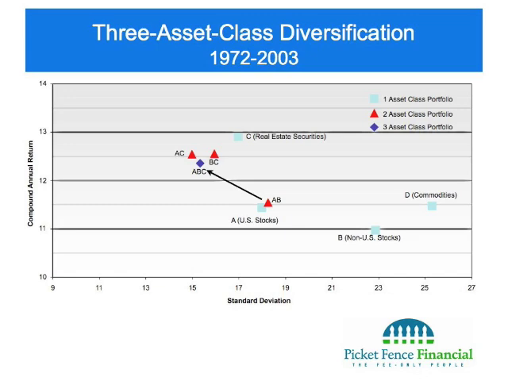So we've gone from a return of about 11.5% to one of about 12.25%. And we've gone from portfolio AB having risk of about 17.5% to having a risk of only 15.5%. So again, we've reduced risk and we've increased return by diversification.